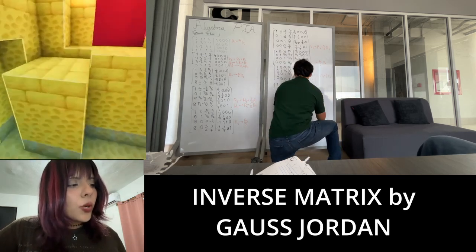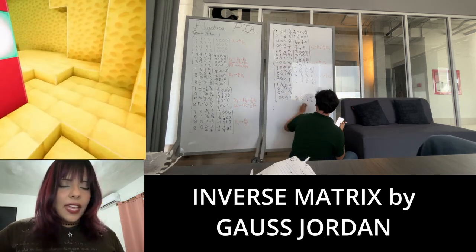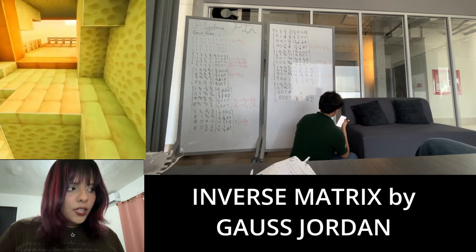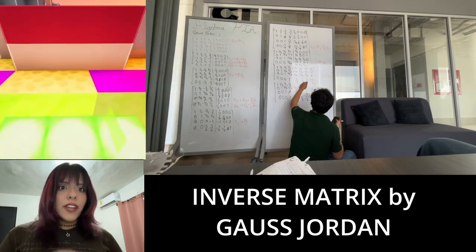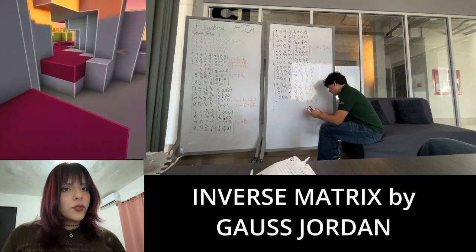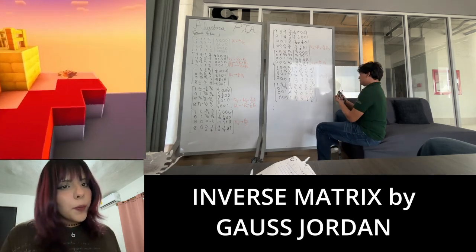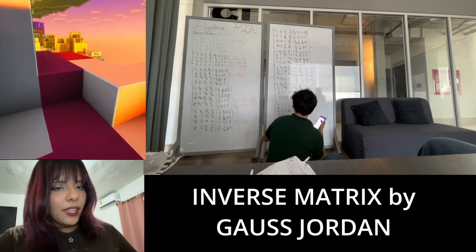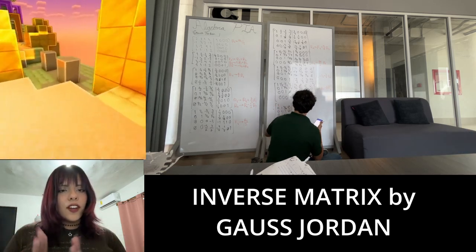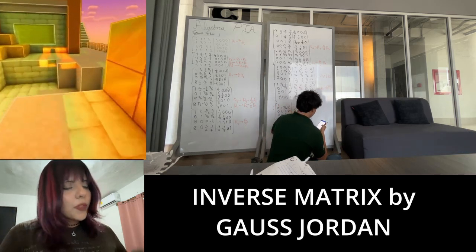The second row you multiply by -1/2 and add to the fourth row. Then the third row you multiply by 1/7, then by 5/7, and add to the fourth row. At this point, you can see that we almost have the first half of the identity matrix on the left side. We have to keep going.